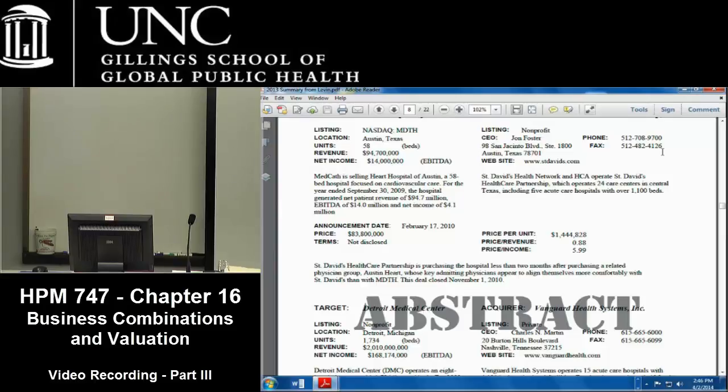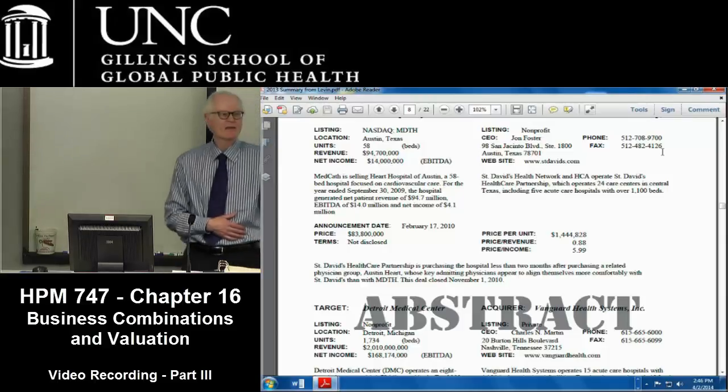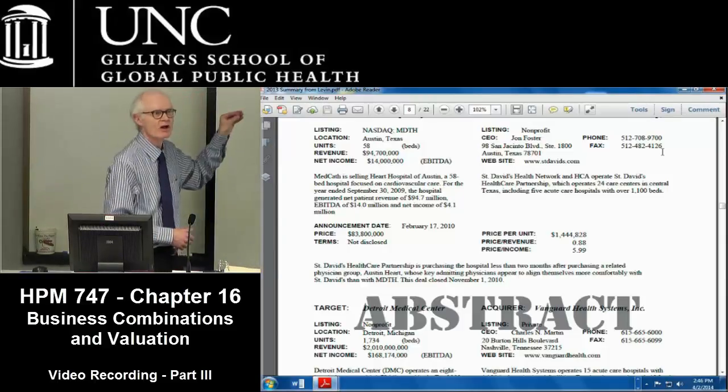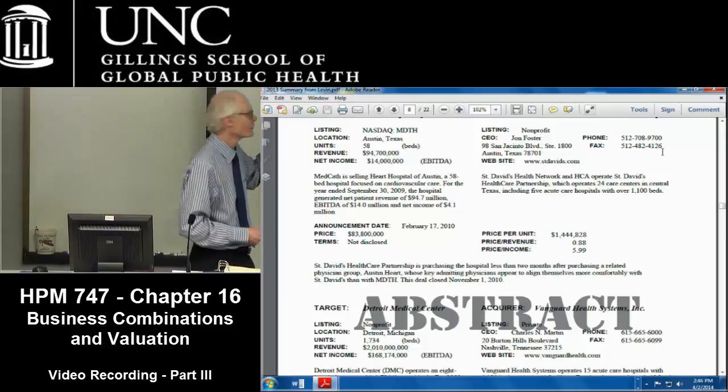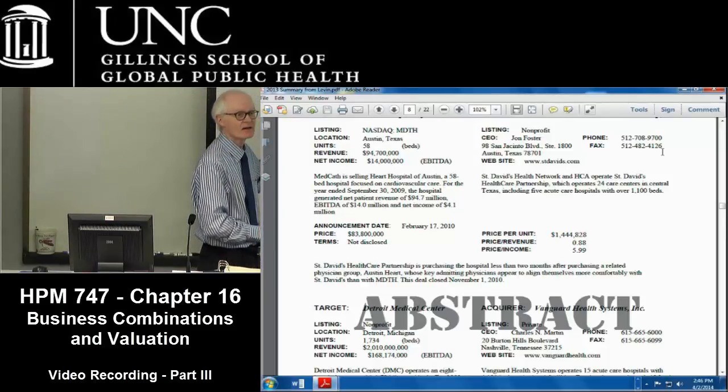That could be wrong. Let's talk about revenue. It divides it by the revenue of the organization. So in other words, this hospital was acquired for 88 cents on the dollar of its revenue. So if it had $1 billion in revenue, it was acquired for $880 million.